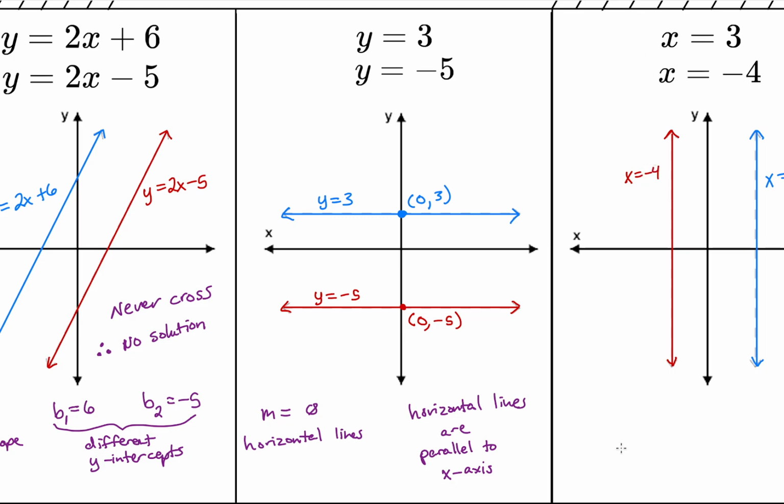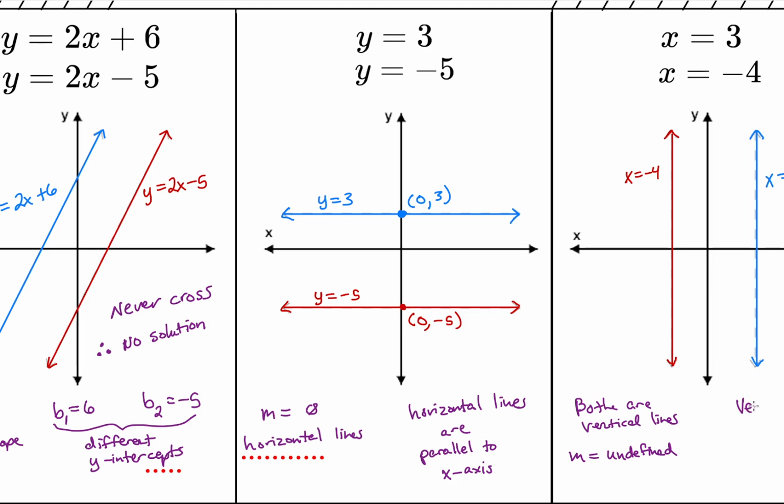For this one, since both are vertical lines, both of them have a slope that is undefined. Since the slopes are both undefined, we have parallel lines.